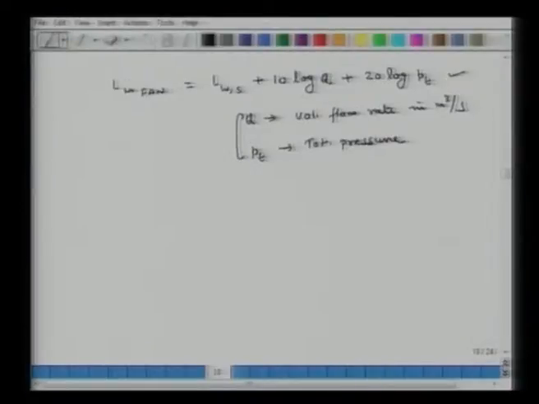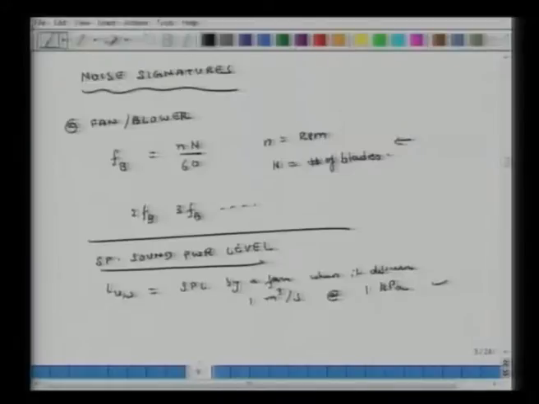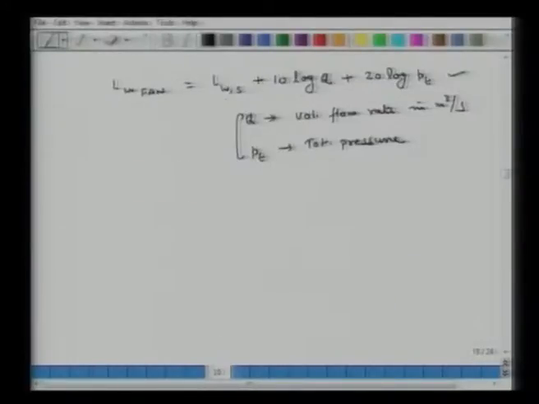This relation is good for all frequencies shown in this chart except FB, because at FB it will have a peak. For all other frequencies, let us say at 63 hertz, I find my LWS; the first case is 85, right.